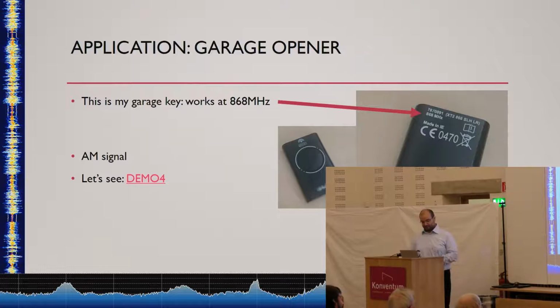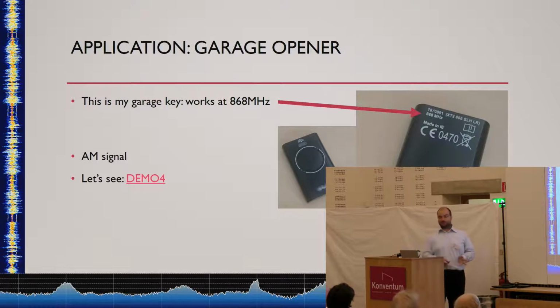The second application is this little tool. It's my garage opener, which actually sends signals over radio frequency at a frequency of 868 megahertz. It's written on the back side of it.